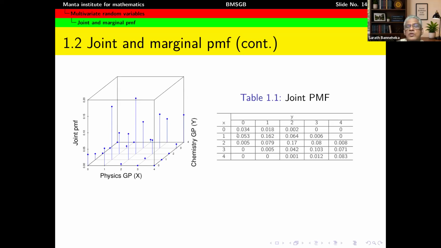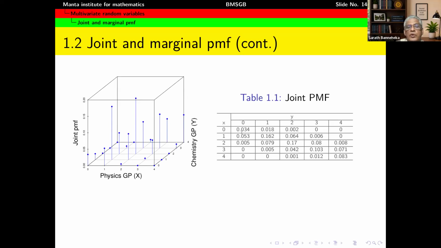Actually, those who got 0 for physics, there are no students who got 3 or 4 for chemistry. Right? Only those who got 0 for physics have got either 0 or 1 or 2 GP for chemistry. So that is one important thing. Those who got 0 for physics don't have high GP values, 3 or 4, for chemistry.